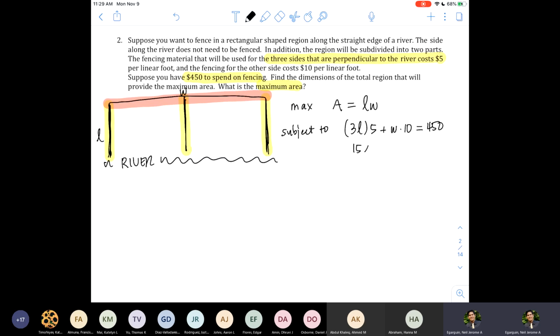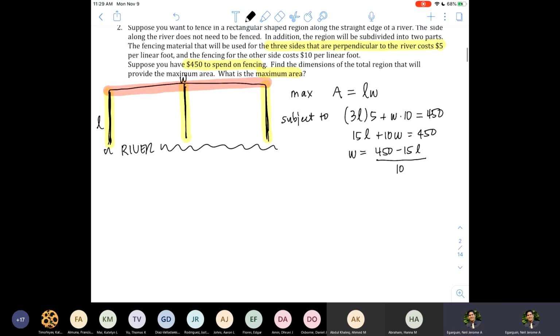So this is 15L plus 10W equals 450. And now you can select which variable to express in terms of the other. So here maybe I can express W in terms of the length. So here I'm going to have W equals 450 minus 15L over 10. So that would be our value for W.